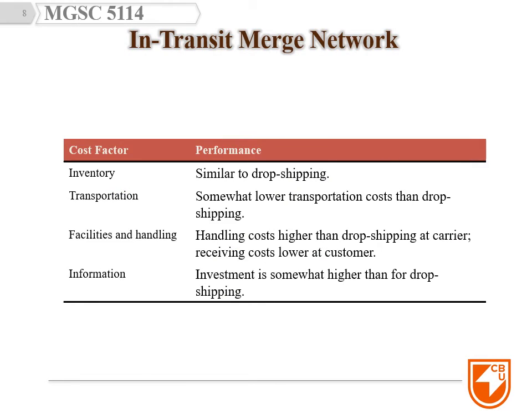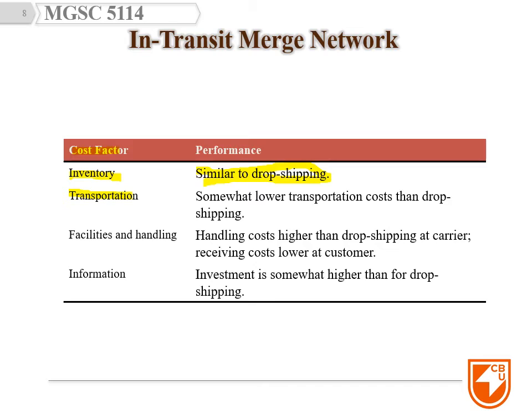So the second type of distribution network is called the in-transit merge network. Let's review it from the cost factor. In terms of inventory, because we are attached to manufacturers, the cost of inventory would be the same as the previous option, which was dropshipping.